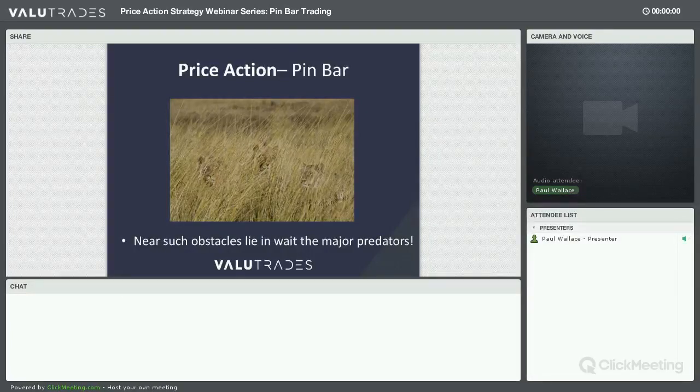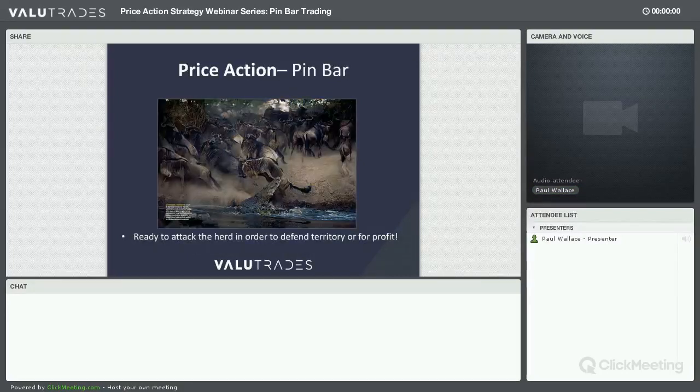You can see how effective their camouflage is. But that's what we see in nature. That's what we see on the savanna, on those African plains. And invariably, that's what we also see in markets.